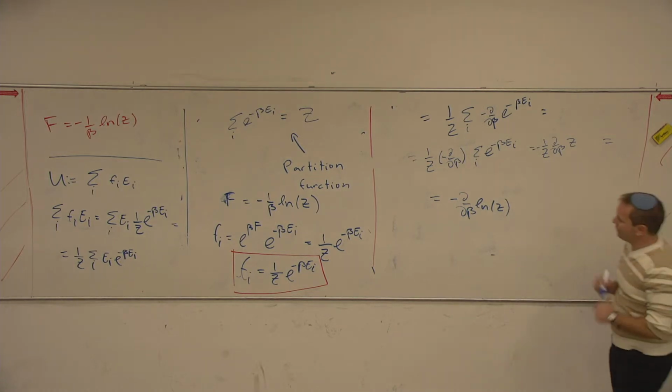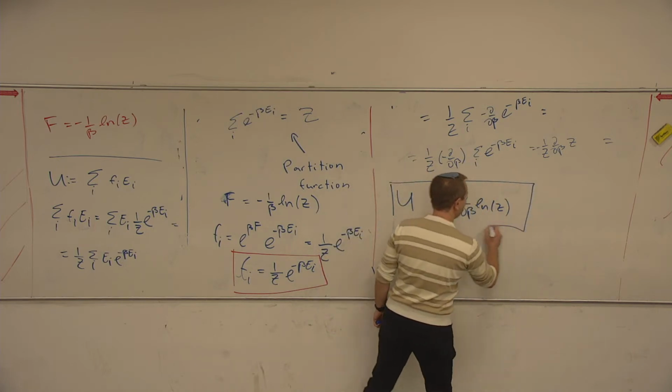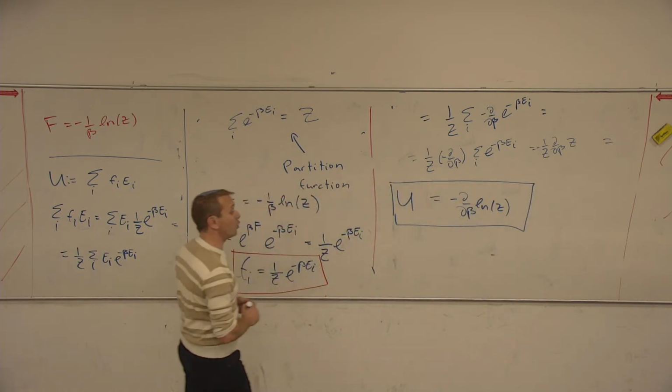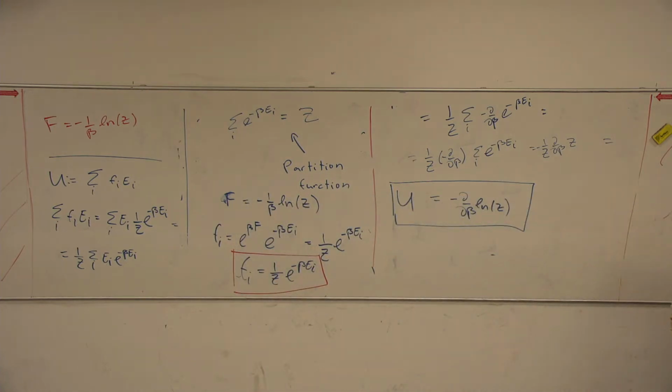So we know that U is provided, or must be provided, by this formula. But log of Z is already something nice, right? Because what is log of Z?